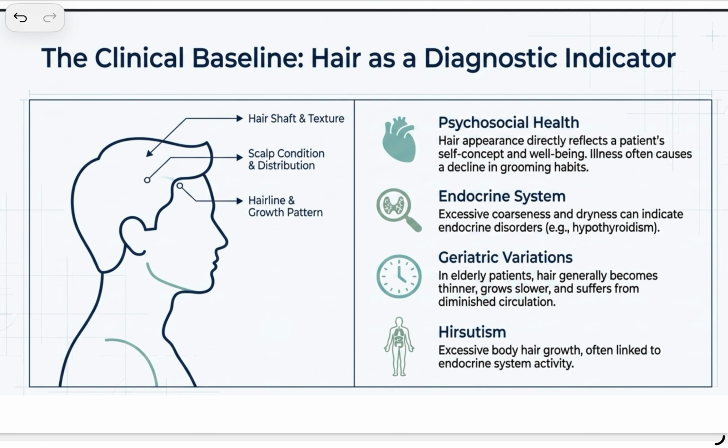Clear? Clinical baseline. What are the clinical baselines to give care for the patient with hair disorders? It may not be only for hair disorders. If the patient has alopecia, you know alopecia? If the patient has hair fall, for them we need to give psychosocial education.